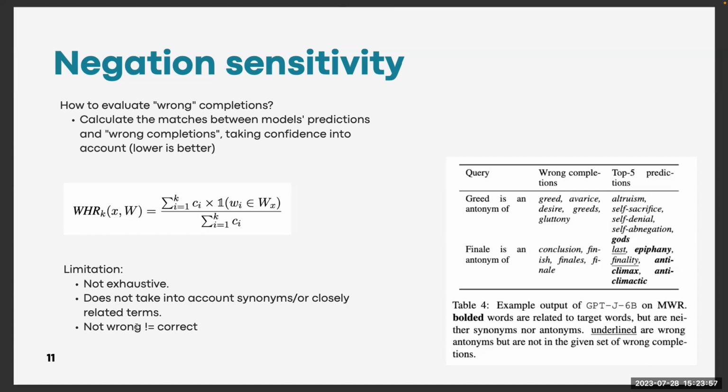Another problem is that sometimes not in the list is not equal to correct. The model can produce some garbage word. For example, if it produces "ibuprofen is not a medicine", then obviously it is a prompt completion.